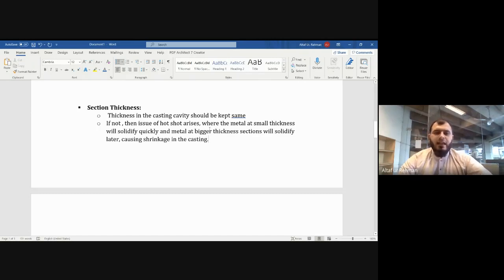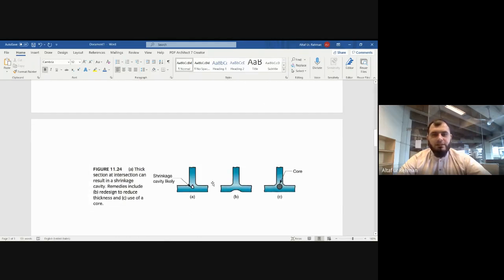So it can be avoided by making some small changes in the casting itself. For example, you can see here in figure 11.24 in part A, here is the original casting where the thickness at this point is much bigger than those sides. So the shrinkage occurs here, and we can call it the shrinkage cavity, which can be seen here in the center.